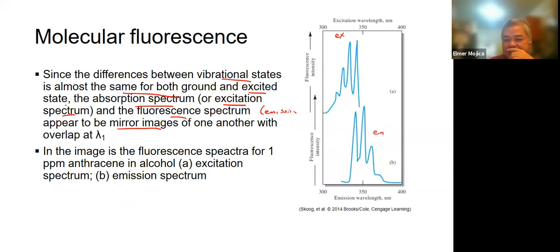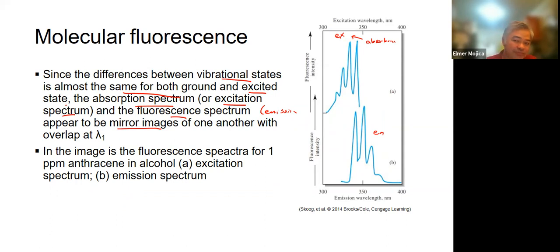Now, your excitation spectrum is usually the same, more or less, with your absorbance. Okay? You only call it excitation if you're collecting it using a spectrofluorimeter. But if you just use a UV beam, absorbance yung tawag dyan.